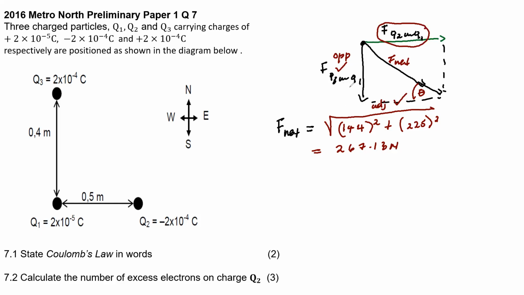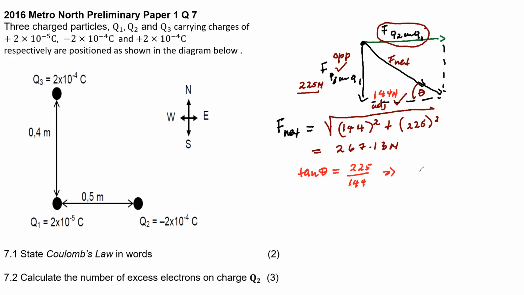Remember, F of Q3 on Q1 right there was my 225 newtons that I calculated. And F of Q2 on Q1, and I just want to put it here, was my 144 newtons. So then to finish this up, tan theta is opposite 225 over adjacent, which is 144.